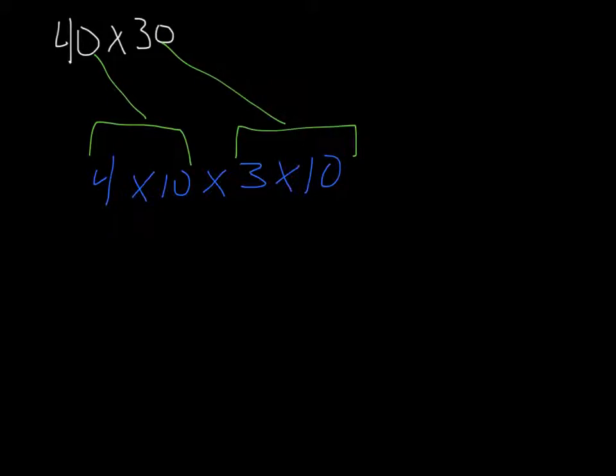Now, does the problem change if I move them around so that I have 10 times 4 times 3 times 10? No, I'm still going to get the same product. I just have them in different places, or if some of them are in different places, I will get the same result. I'm still going to get 1200.